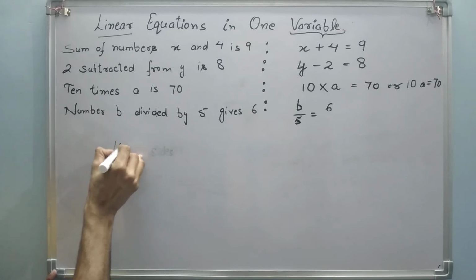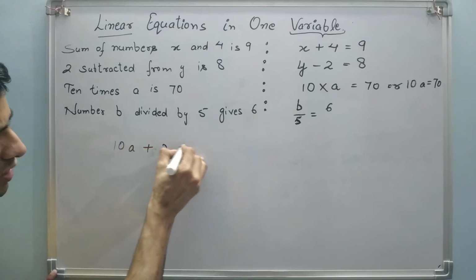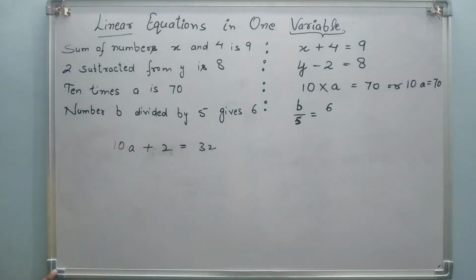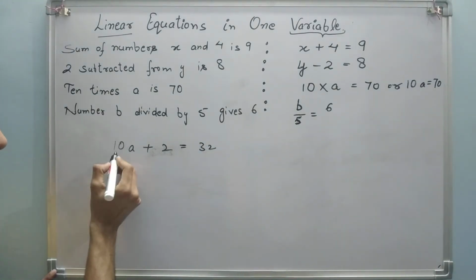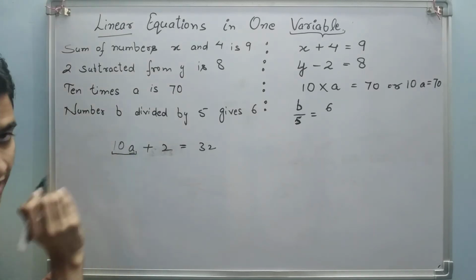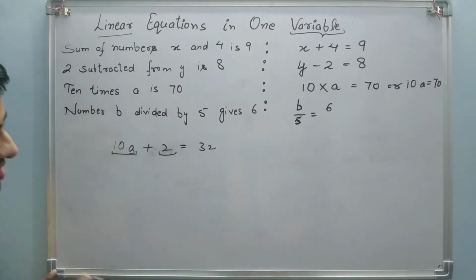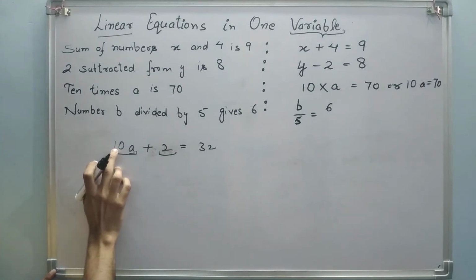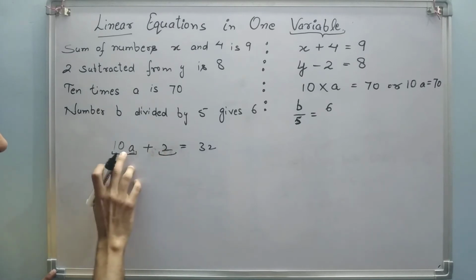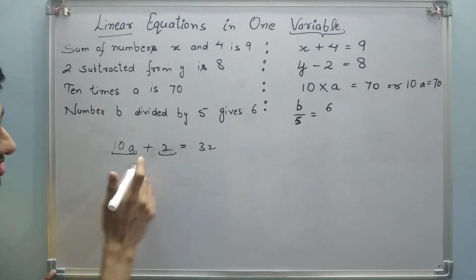So let us take 10a plus 2 equal to 32. How to solve it? First of all, 10a is one term. Let us remove this 2 first, removing things that are other than the variable term.